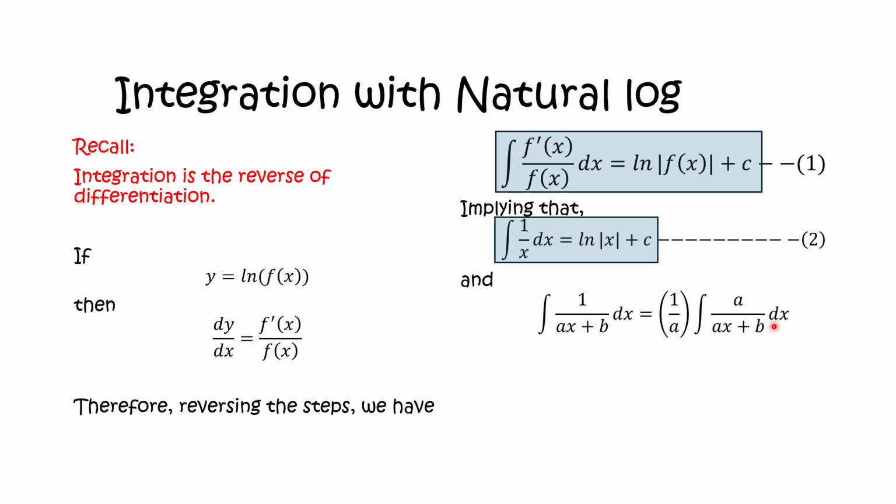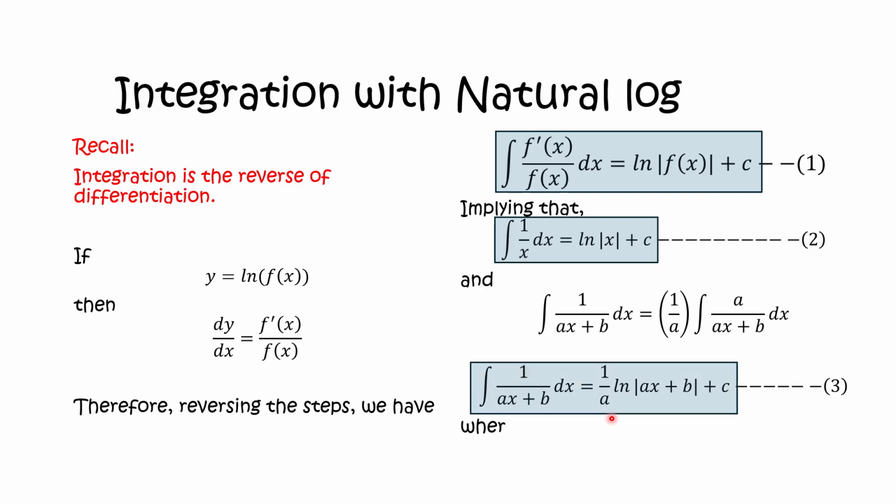And as we have that, according to what we had in formula 1, then the integration of 1 over ax plus b dx is going to be 1 over a times the natural log of absolute value ax plus b plus c. As easy as that. And recall, our a, b are elements of real numbers.